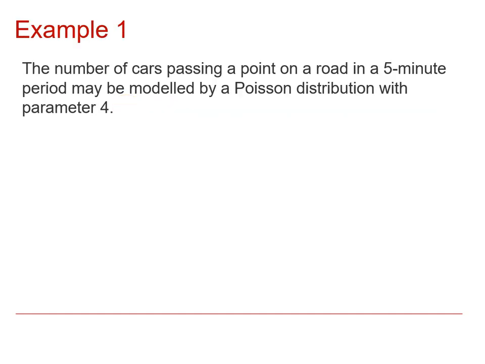So, we're told here that the number of cars passing a point on a road in a 5-minute period may be modelled by a Poisson distribution with parameter 4. We recall that that is equal to lambda, and that represents the average number of cars per 5-minute period.